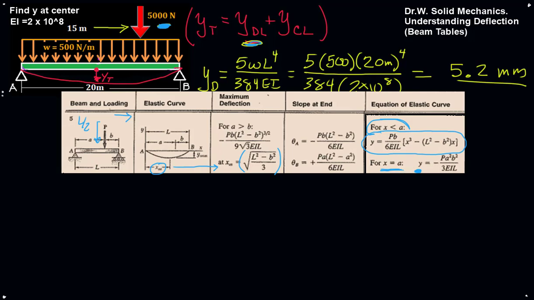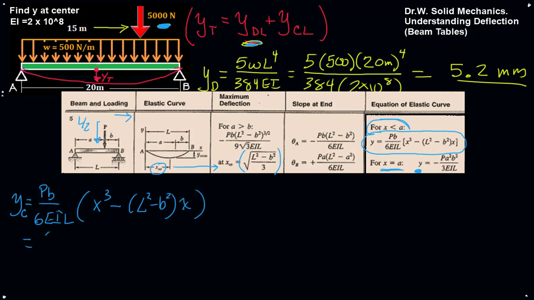So from here we have y concentrated, Pb on 6EIL, x cubed minus L squared minus b squared x.